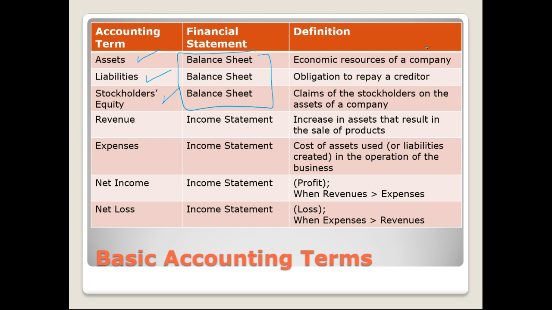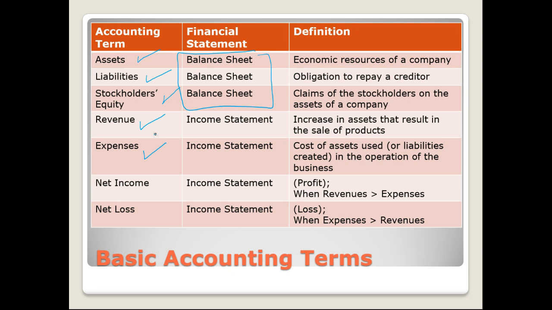Then, in the course of operations, the company sells things to make revenue, and we say that's an increase in assets that results in the sale of products. We made something, we had an asset, we sold it, and we now have revenue. We have expenses, which are the cost of the assets used, or potentially even liabilities that were created in the operation of the business.